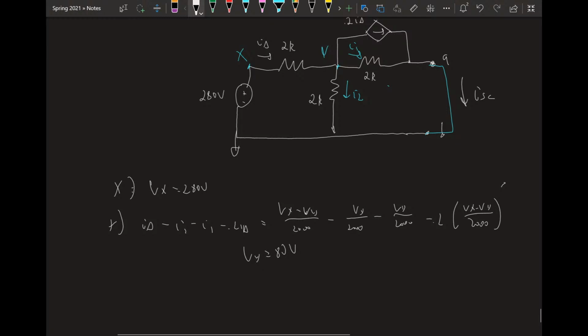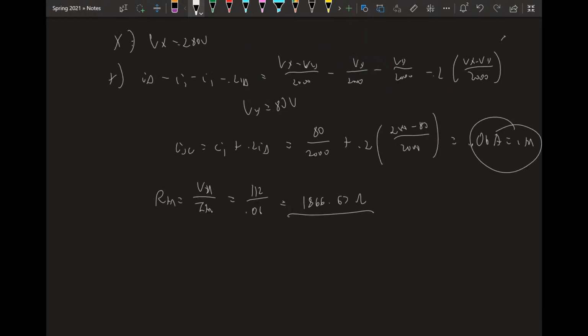V Thevenin we solved as 112 volts, and I Thevenin we solved as 0.06 amps just now. So we should find R Thevenin as 1866.67 ohms, right? Let's actually solve it in practice and then see if it matches.